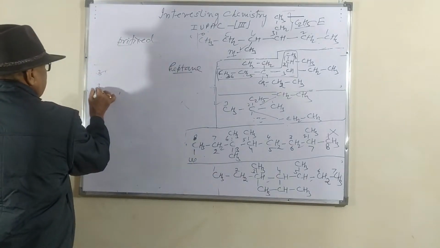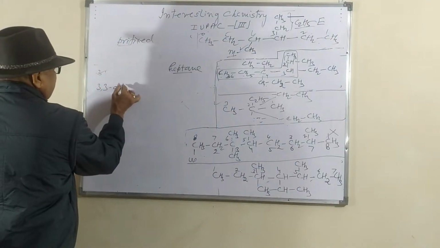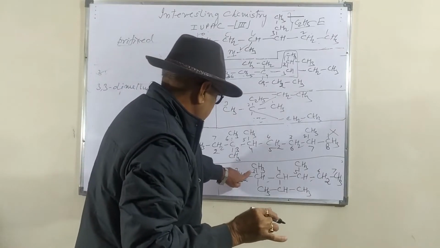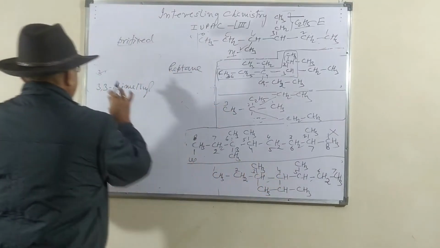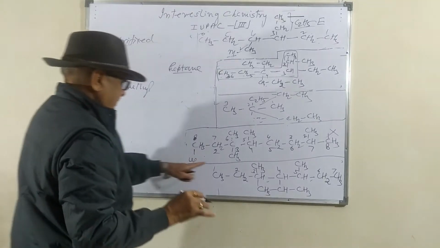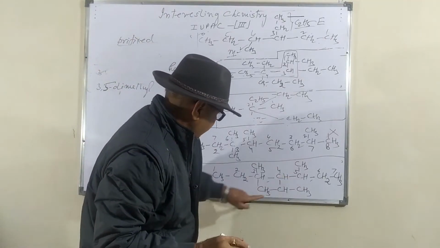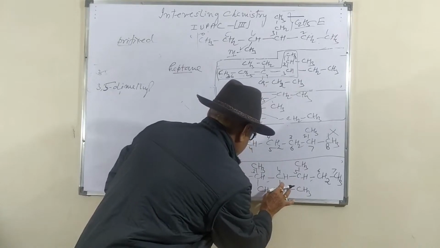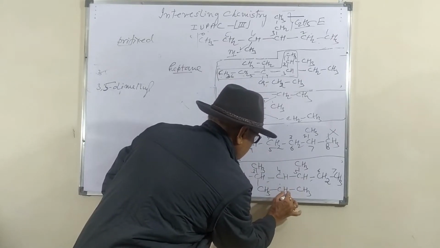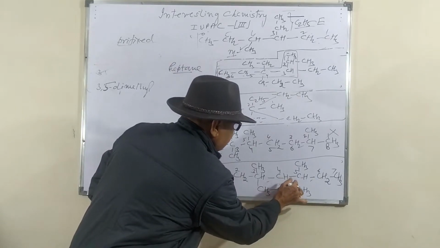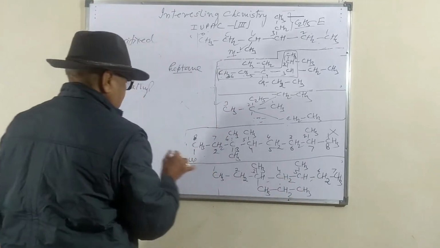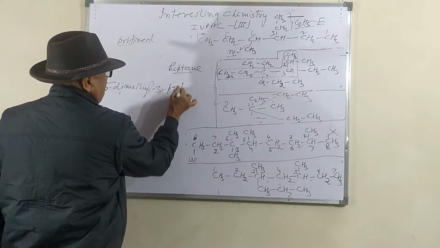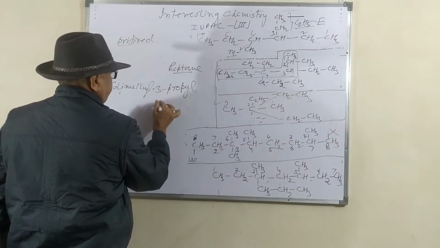So 3 and 5 dimethyl and this one is 3 propyl, CH3, CH2, CH2 propyl.